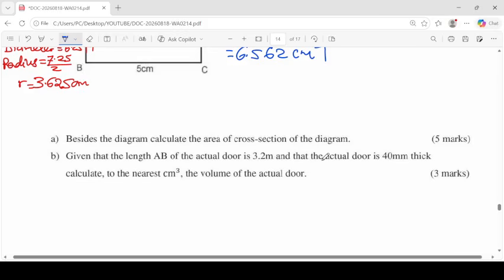So when you are told now to calculate the volume of this door, what are we going to get? In order to get the volume of this door, I want to calculate now the volume of the door.